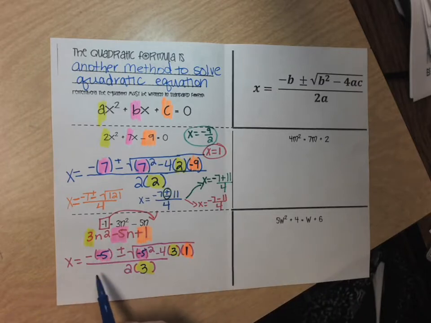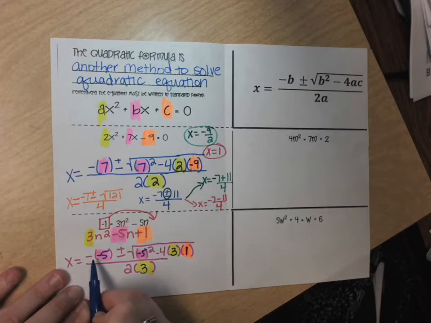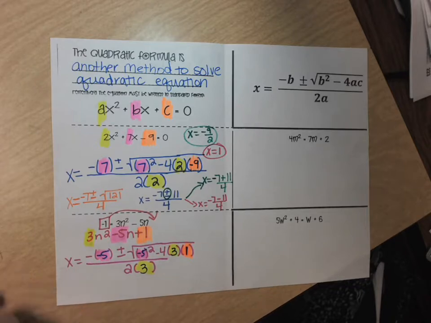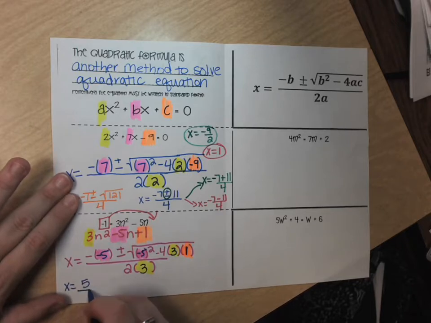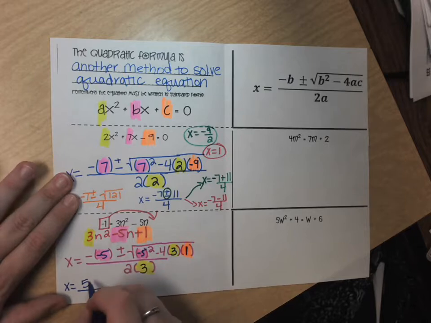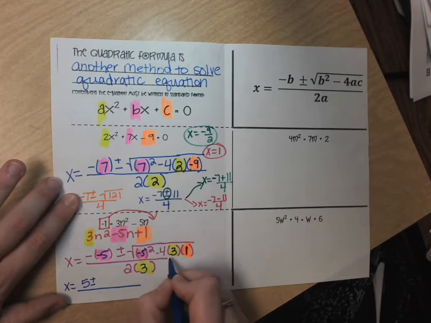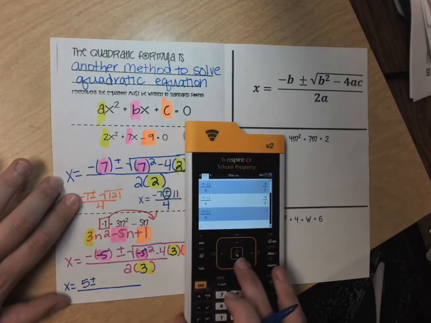So again, we're going to put this in our calculator and we're going to simplify it. So what happens when we have minus and negative 5? Minus a negative becomes a positive 5. So on top here, I'm going to have a positive 5 now. Plus or minus, let's put this in my calculator because we want it as simple as possible.